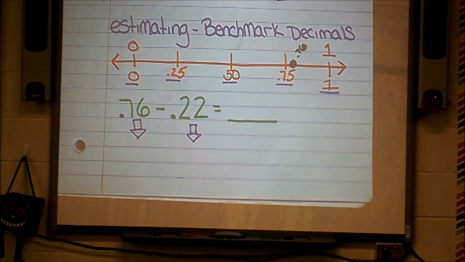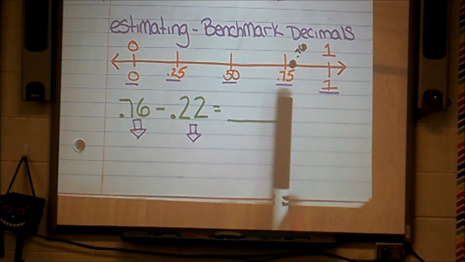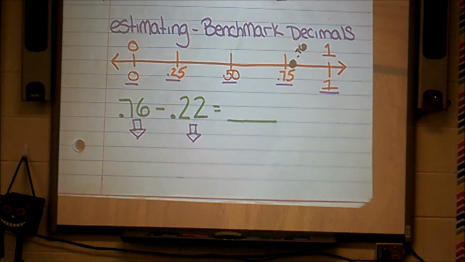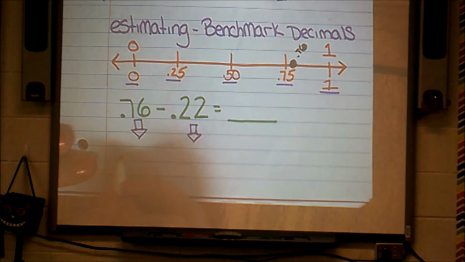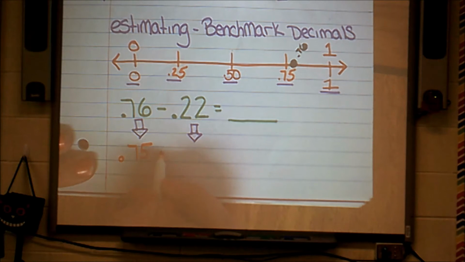Now looking at the dot that I put on my number line, which benchmark decimal is that number closest to? My closest benchmark decimal is obviously my 75 hundredths. It is really close. It is almost like touching each other. They are like partners in crime, that 76 hundredths and that 75 hundredths. So obviously, my 76 hundredths is going to estimate to 75 hundredths.